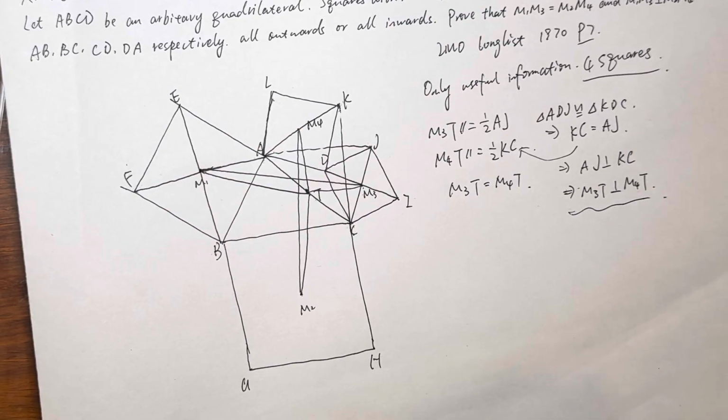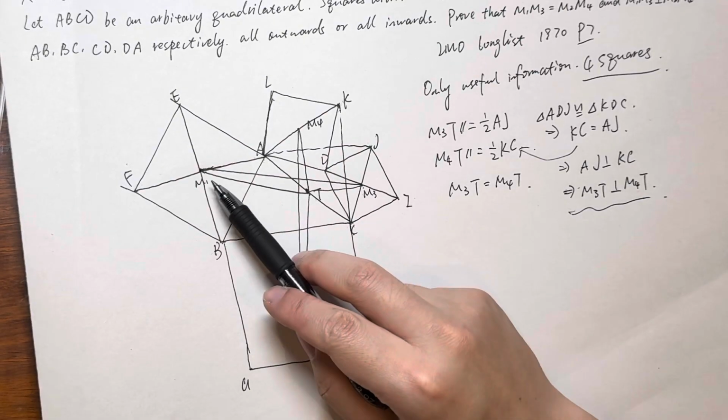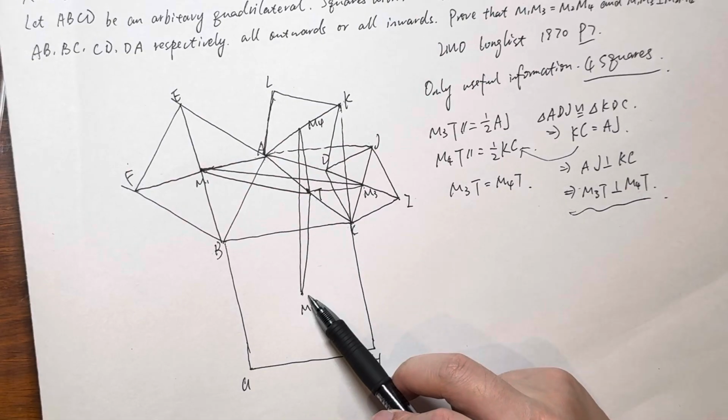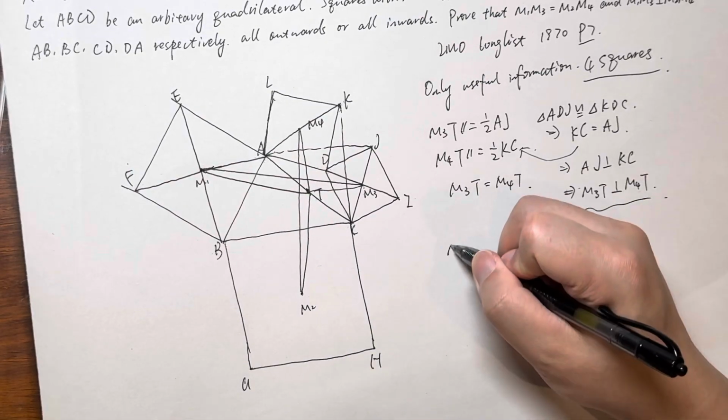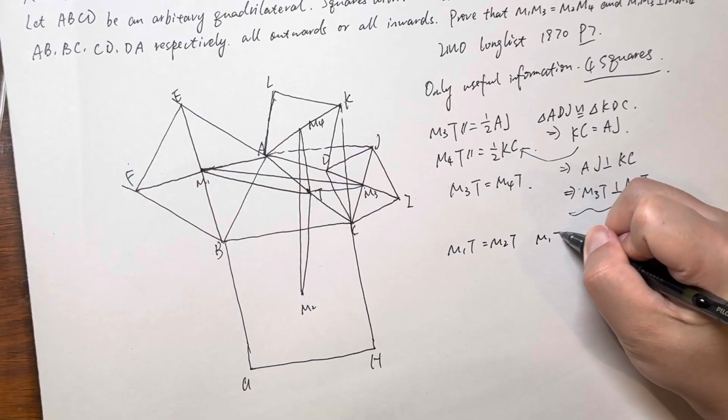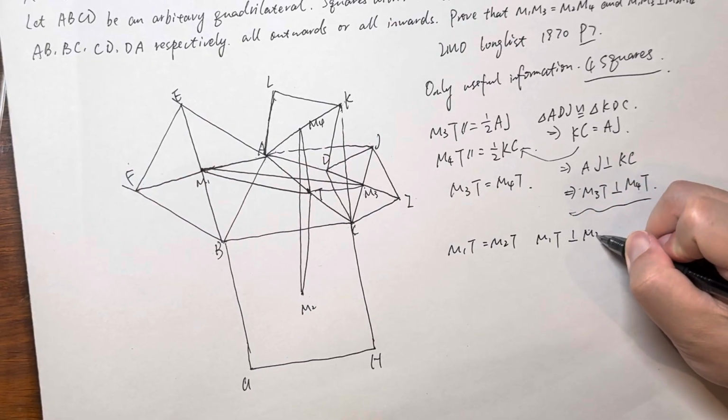Right, we get this one. And similarly, we can prove that M1T equals M2T, and M1T is perpendicular to M2T.